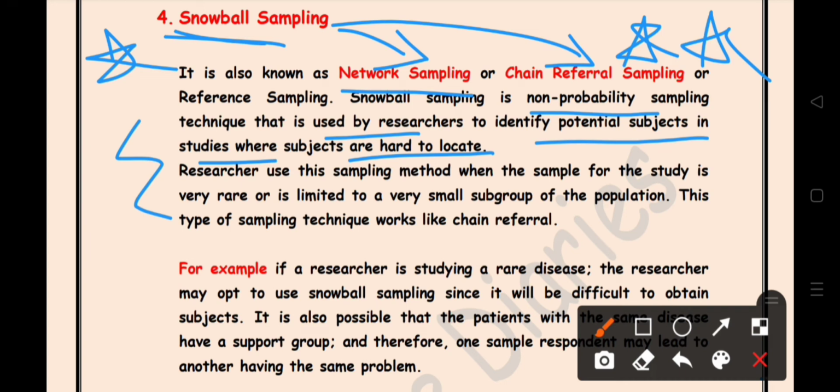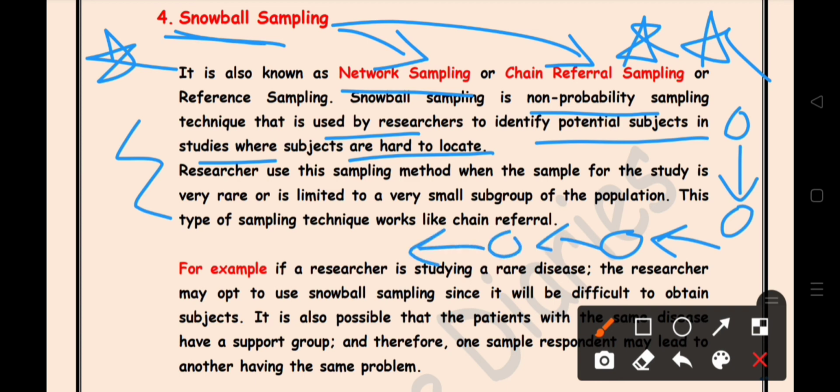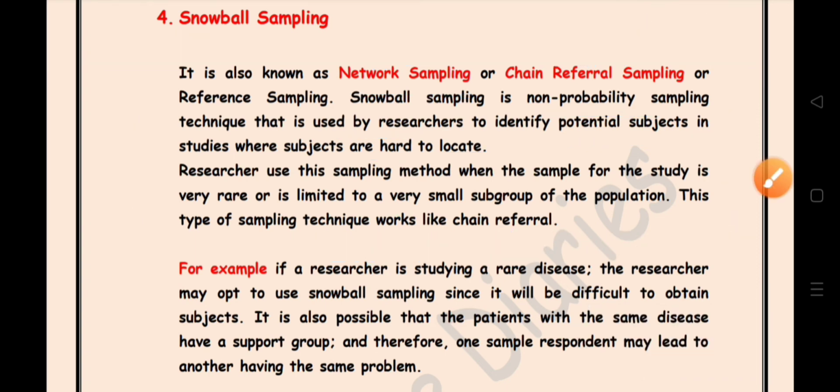In this case, the researcher will first take information from one particular respondent, through that he will get to know about another respondent, then that respondent will give the information of the rest, and this chain will go on and on. So this will create a total network from where the researcher will get his sample.